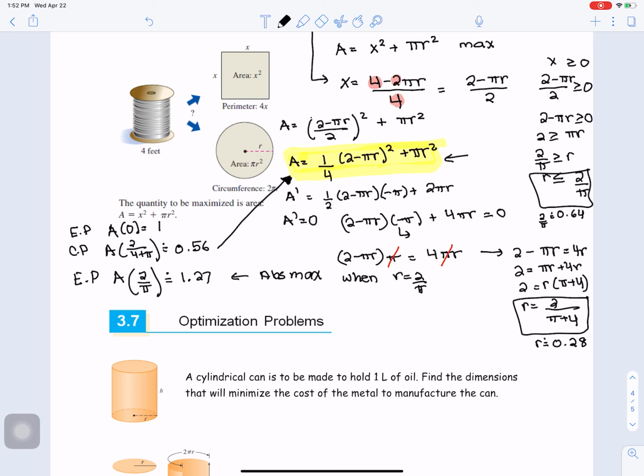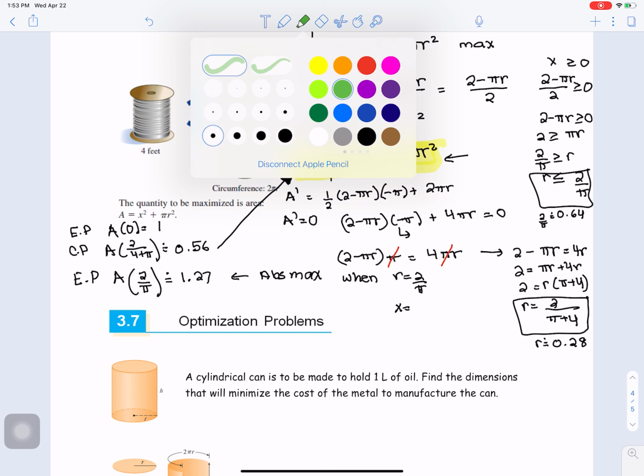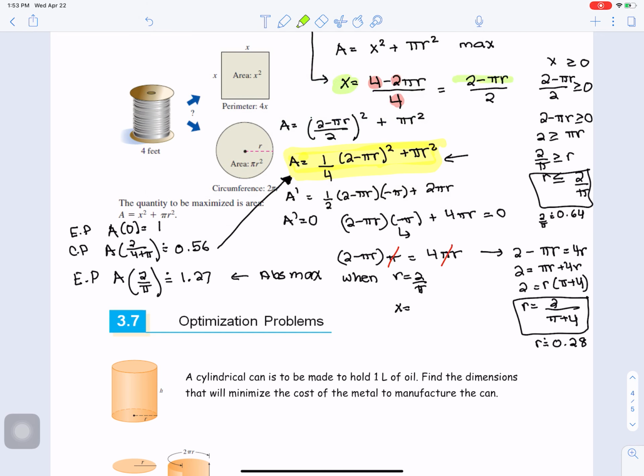So when r is equal to 2 over pi, I'd like to solve for x, which would be given by this equation in green. If I take 2 over pi and sub it in, so I get 2 minus pi times r, divided by 2, I actually get x is equal to 0.